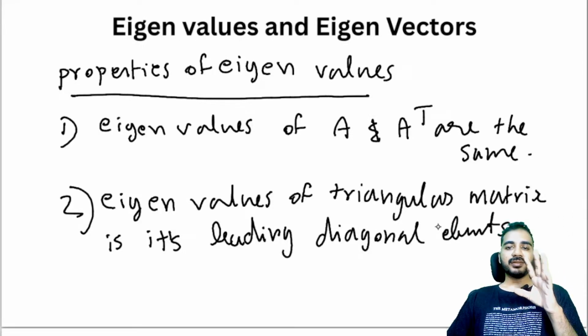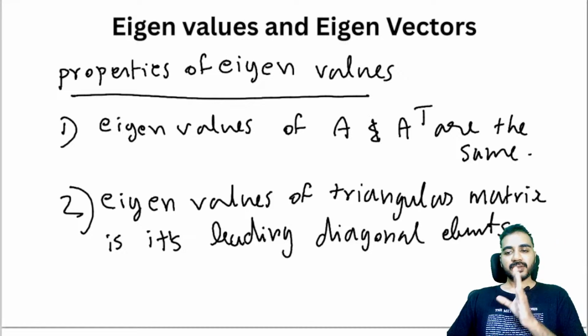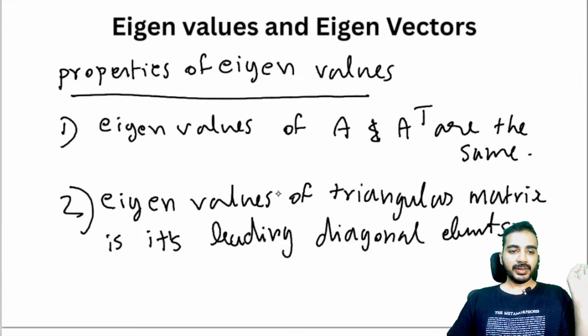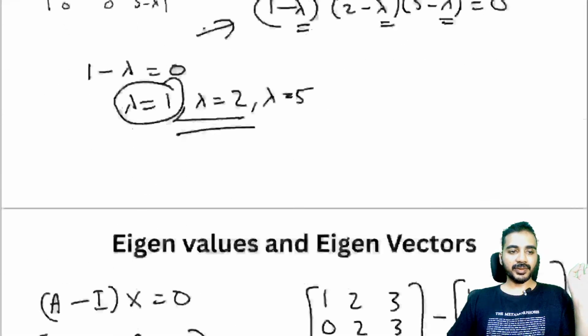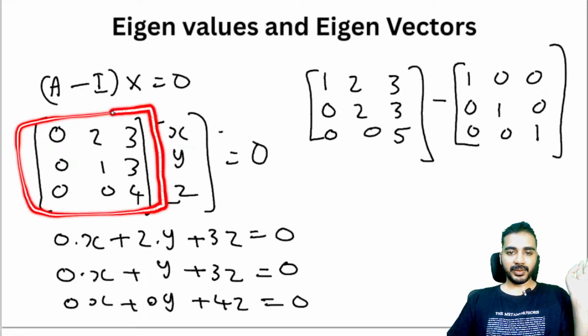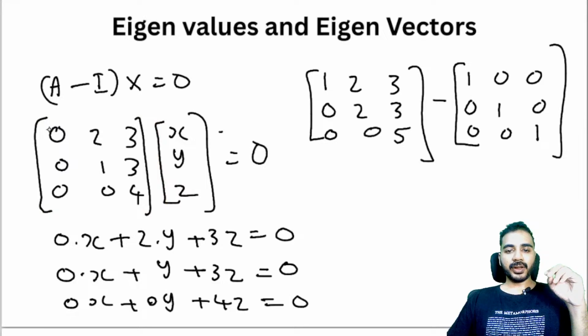If we consider a triangular matrix, then its leading diagonal elements are nothing but its eigenvalues. In the example we have discussed here, this is the matrix A. You can see that below the leading diagonal, we are getting all zeros. So this is an upper triangular matrix.